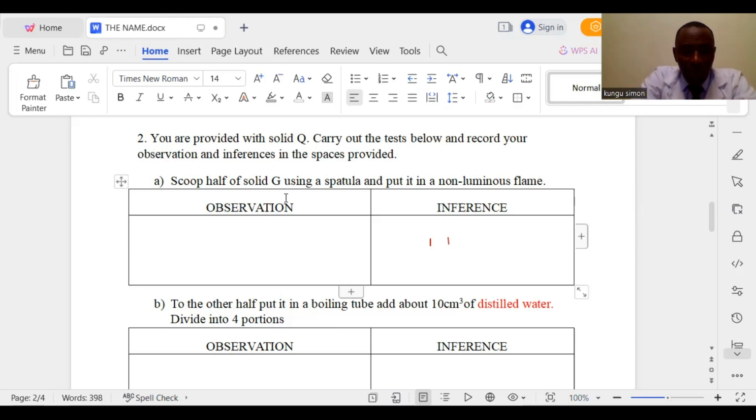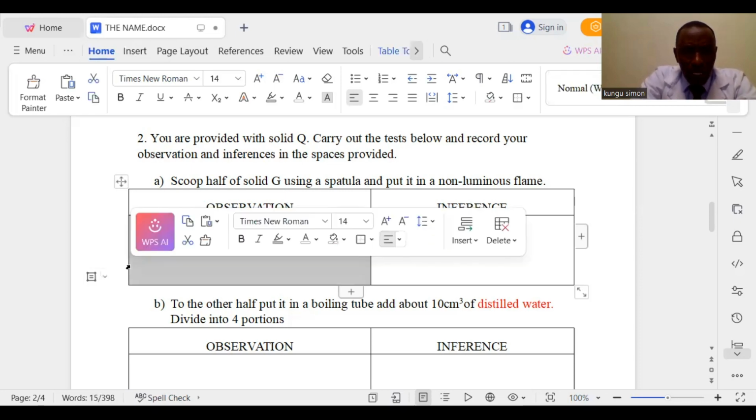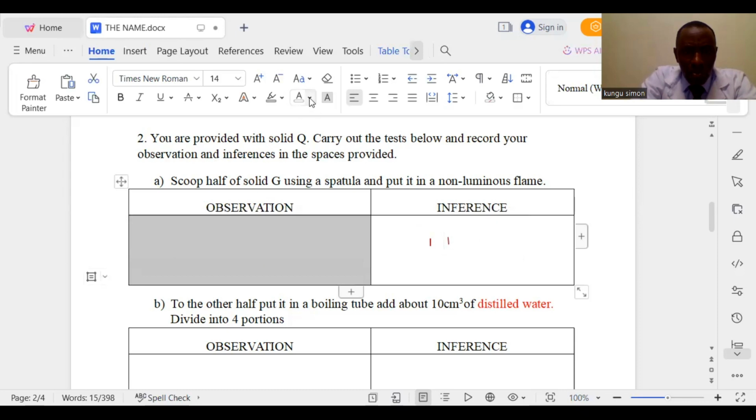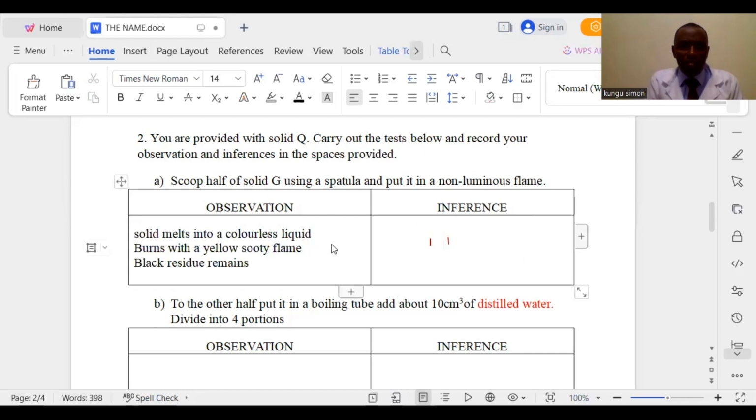Now let's have a look at a probable observation that you can have here. As you can see from this, based on one of the answers that I analyzed, it is important to observe more than just a flame.